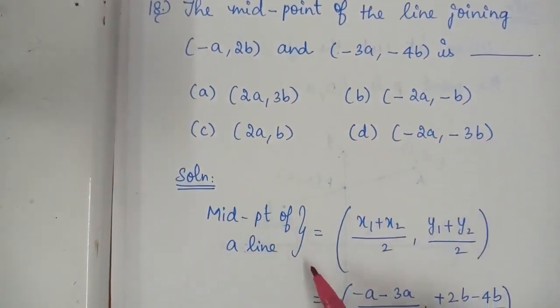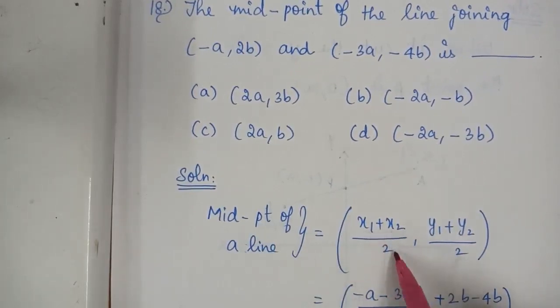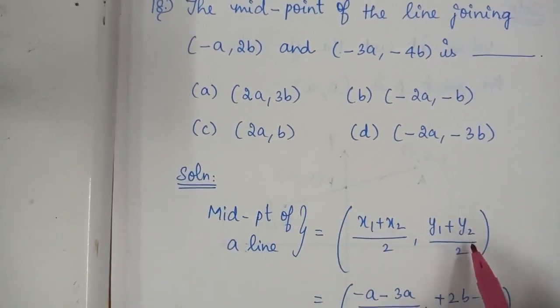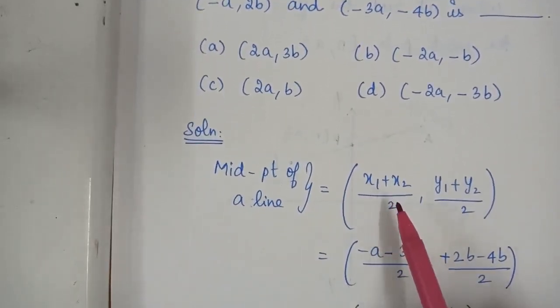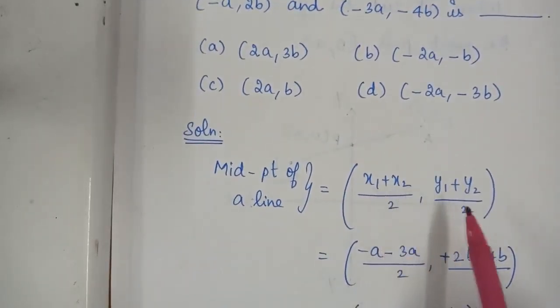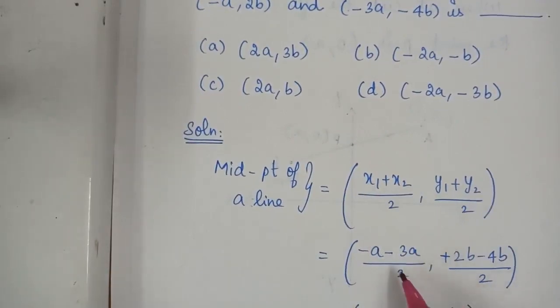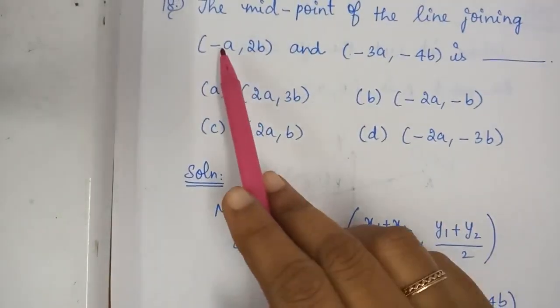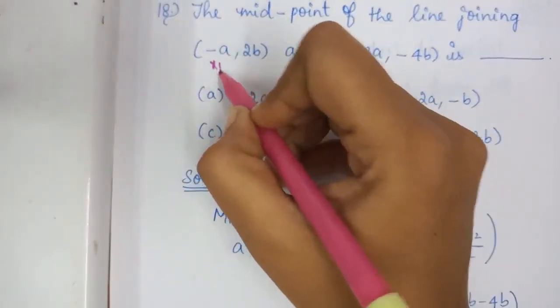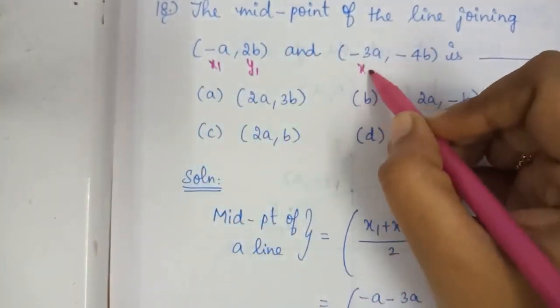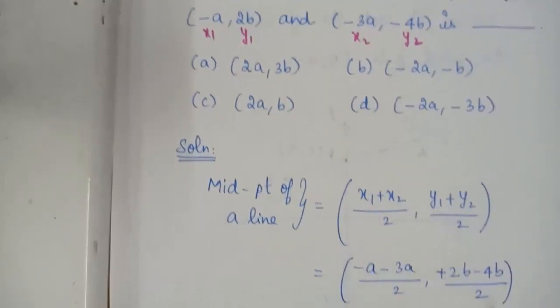So solution, the midpoint formula is (x1 plus x2) by 2, (y1 plus y2) by 2. You just substitute the values of x1 and x2, y1 and y2 in the formula. The value of x1 is -a and x2 is -3a. This is your x1, y1 and x2, y2. So substitute the values in the formula.